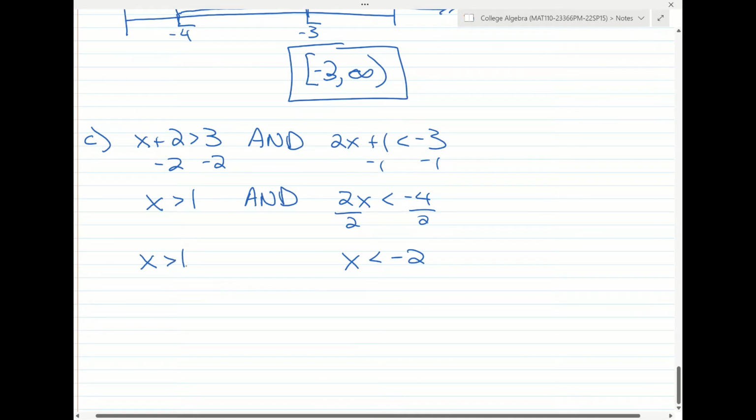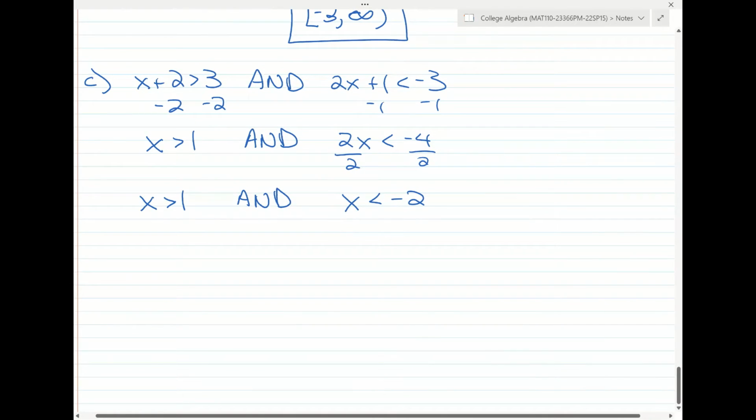We're looking for numbers that are greater than 1 and numbers that are less than negative 2. We're looking for overlap. Let's draw it on a number line. Here's negative 2. Here's 1. Where do you see overlap on the number line?